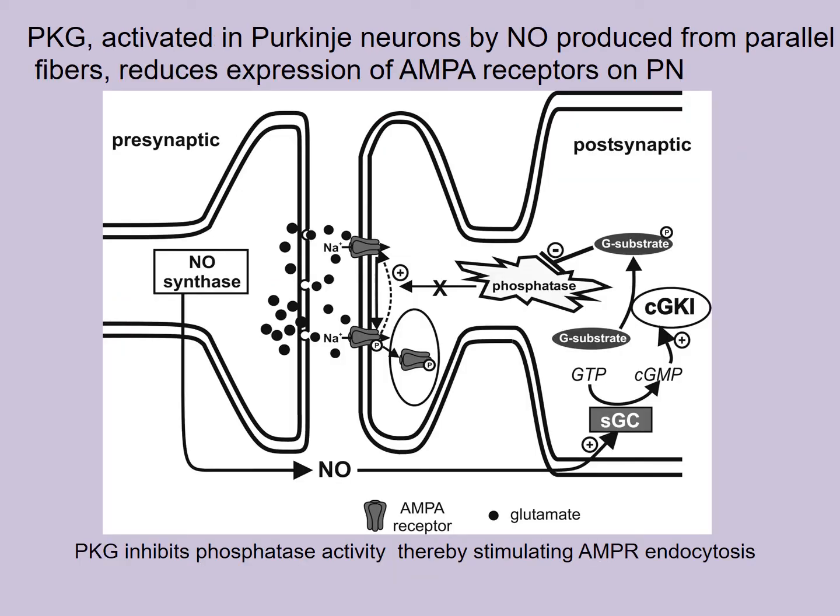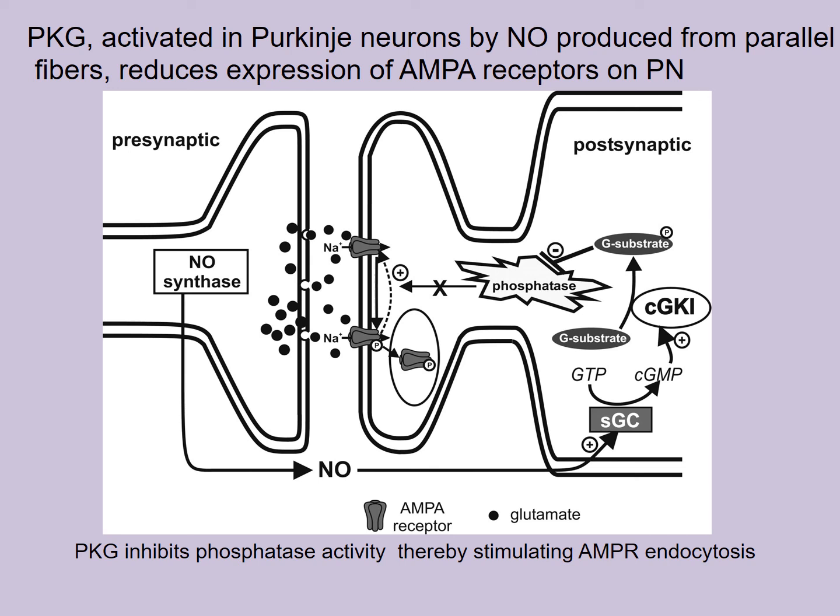PKG is really crucial for the functioning of Purkinje neurons. So nitric oxide synthase produces NO in the parallel fibers, and this nitric oxide will then go through the plasma membrane into Purkinje neurons. There it's going to activate guanylyl cyclase, leading to increased level of cGMP, and activate PKG.